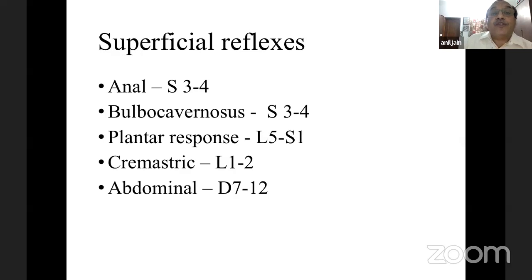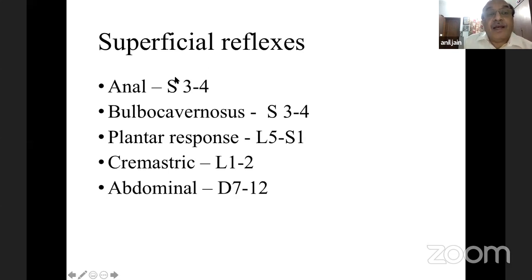Now there are certain superficial reflexes: anal, bulbocavernosus, plantar response, cremasteric, and abdominal. Now these are the root values of these tests. Anal reflex is where, when you scratch the perianal skin, one gets the contraction of the anal sphincter.